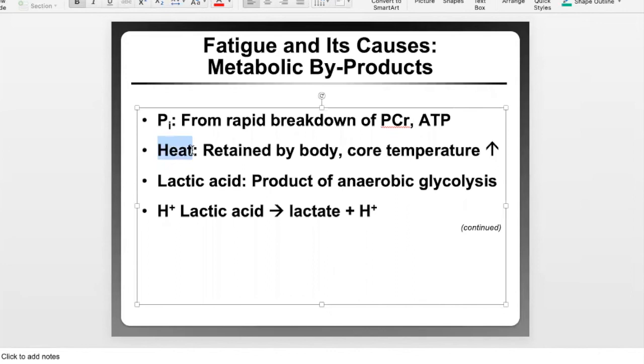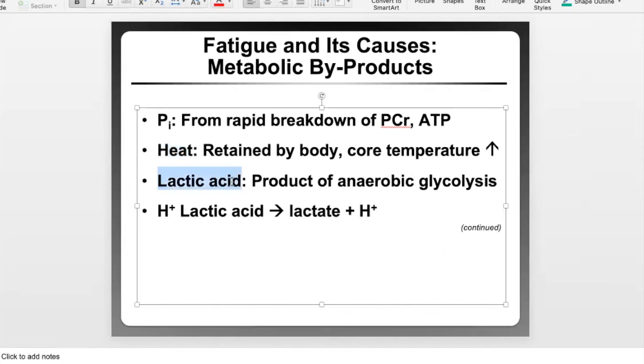An increase in core temperature is another metabolic byproduct. Remember, 60% of the energy that is burned through metabolism is lost through heat. So if the core body temperature increases too much, then that's another cause of fatigue. Most of the body systems will start to shut down after the core temperature increases too much.